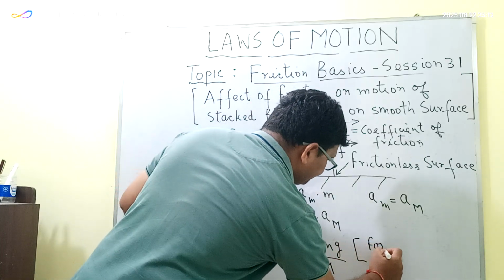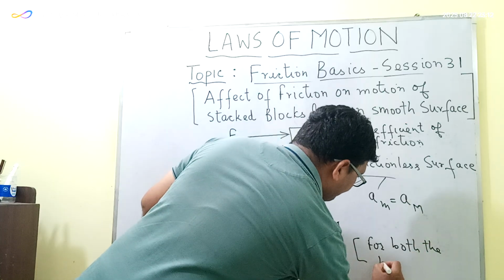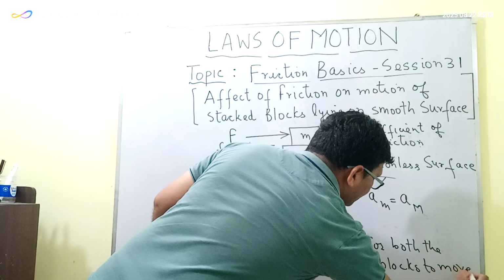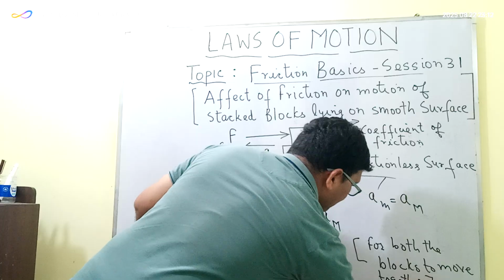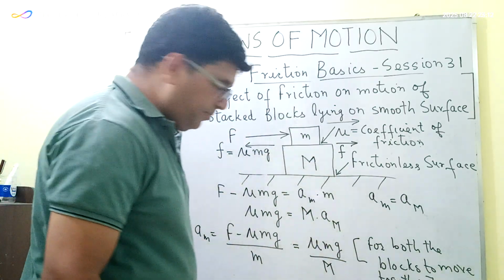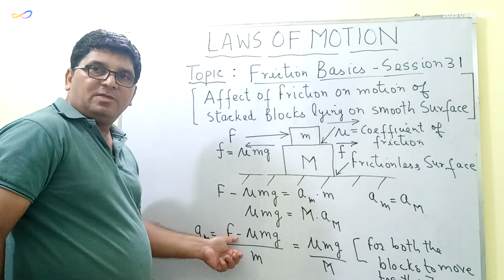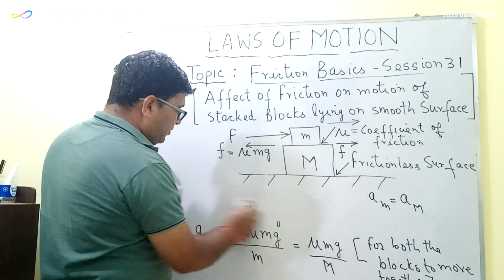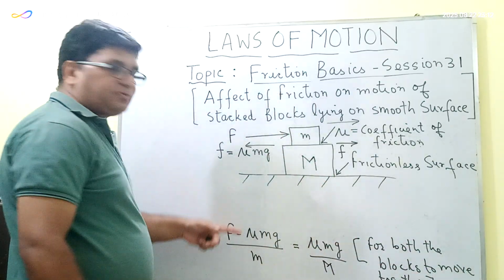for both the blocks to move together. So यहाँ से एक हमारी अब इक्वेशन जनरेट हो गई है, and with the help of this equation we will be able to find the value of the external force which will be required to move both these two blocks together.